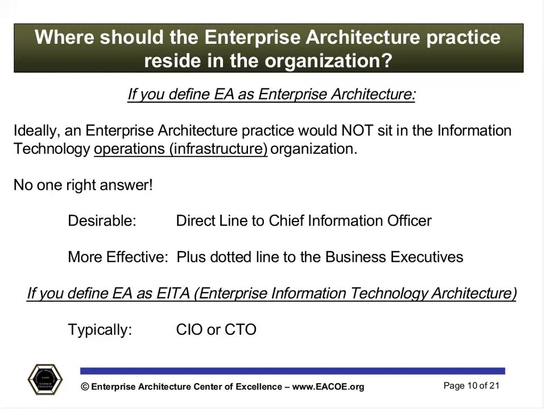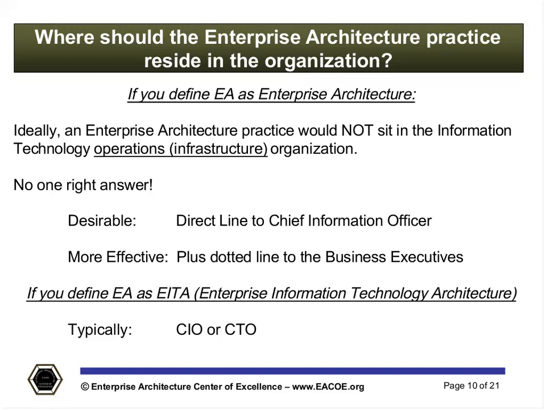So if you define enterprise architecture as we have here, ideally, the architecture practice would not sit in the information technology operations organization. I want to be very clear here. The day-to-day activities are really in conflict with the architectural activities that are there. Architecture is a bit longer in its lifetime versus the implementation or fire drills that go on every day.